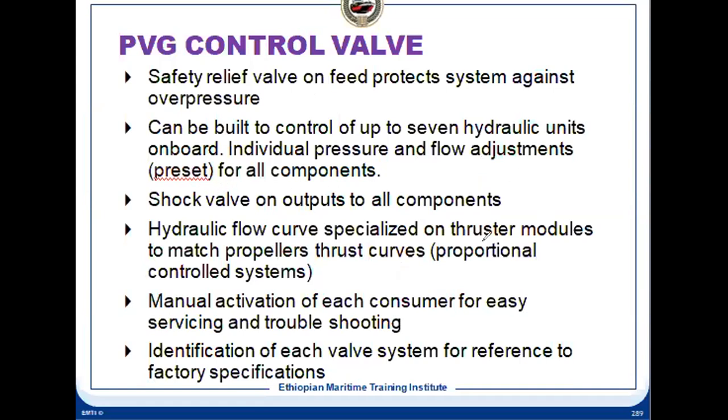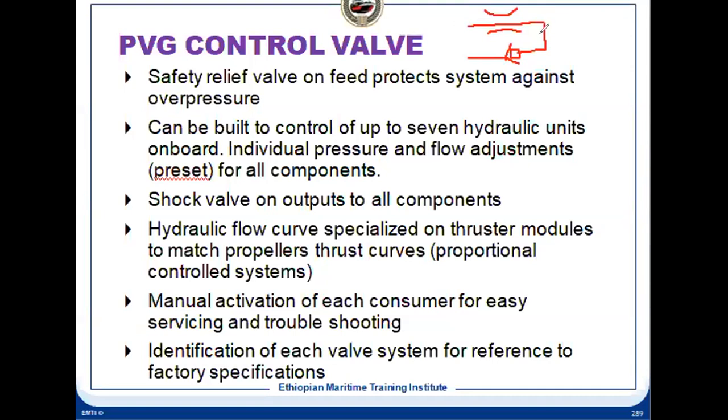Shock valve also. What is the shock valve actually? When the pressure is released, it will release the pressure slowly. It means it is basically a throttle. Sometimes you'll be seeing a symbol like this, and there is a check valve here like this. This is the shock valve. What does it mean?